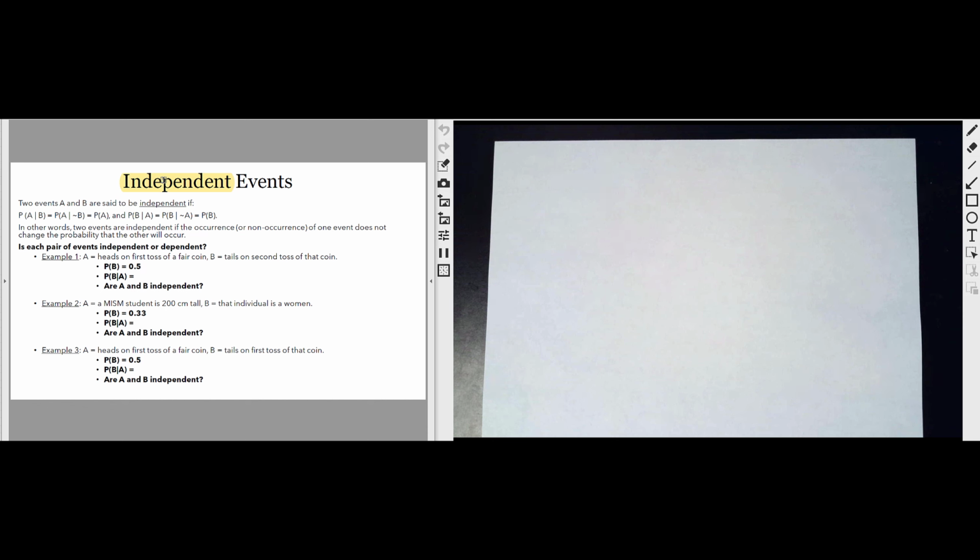Well, clearly, the probability of our randomly selected person having brown eyes is completely independent of what we rolled on our die.